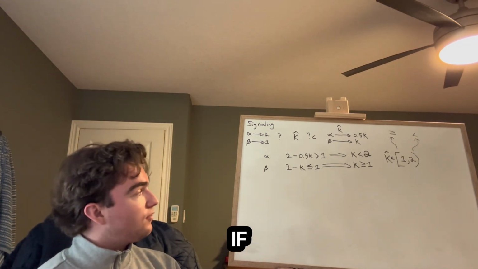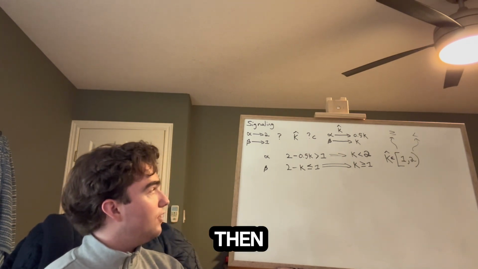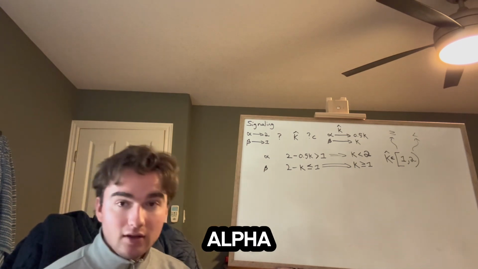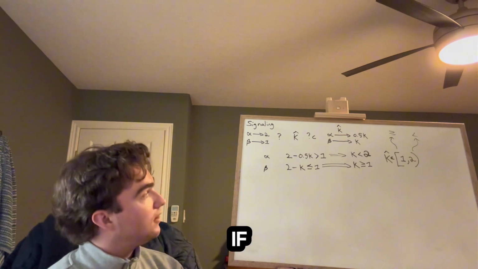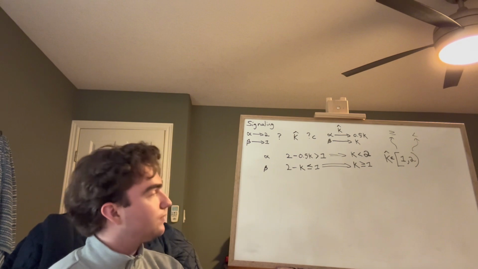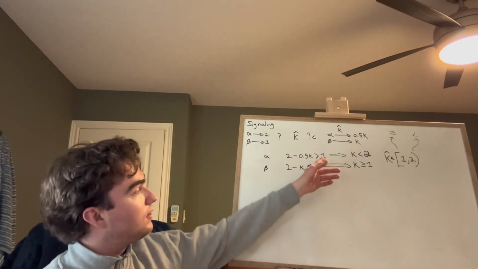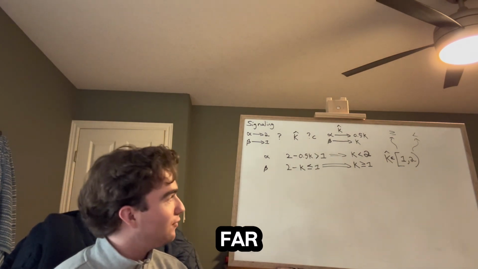So if the worker gets the education, then the firm assumes that that worker is an alpha and will get paid 2. But if the worker does not get the education, then the worker is assumed to be a beta, so they get paid 1. I hope that's making sense so far.